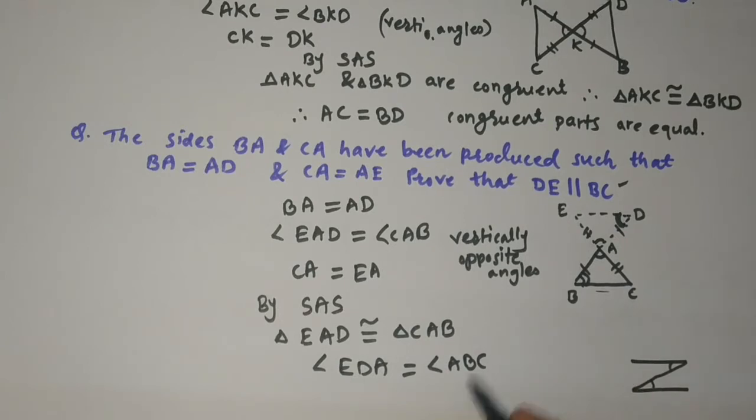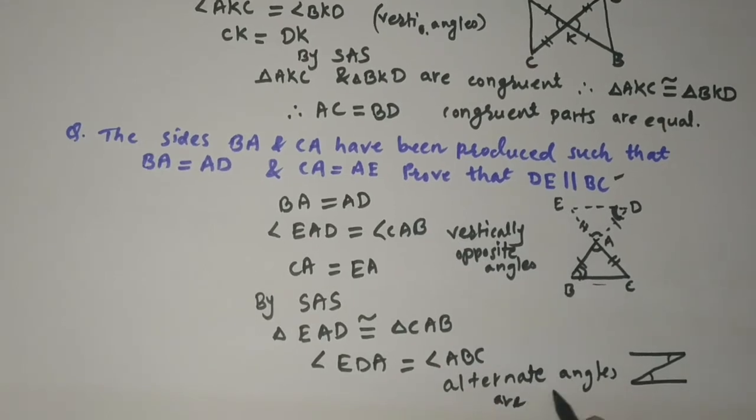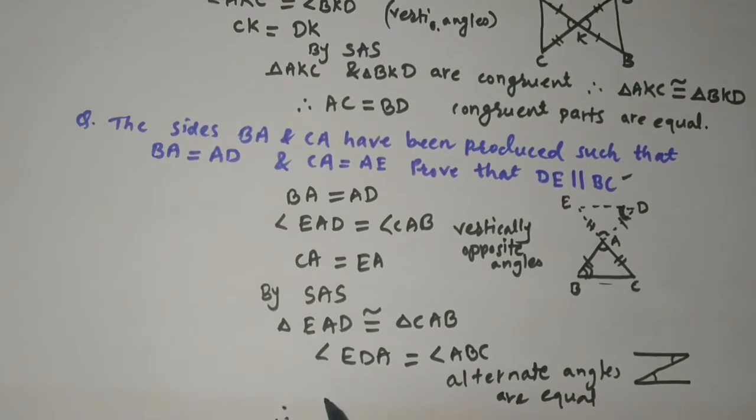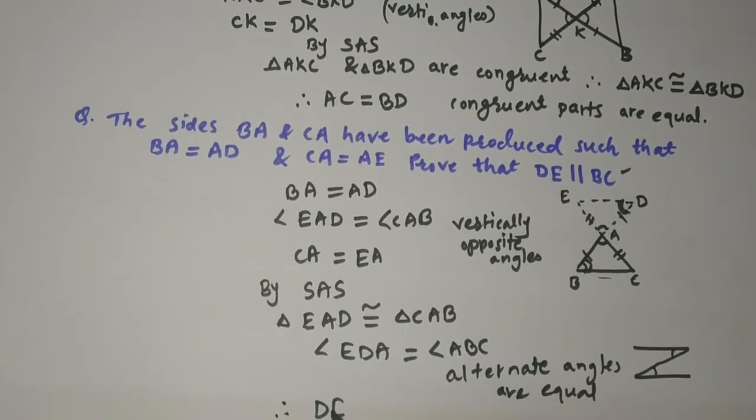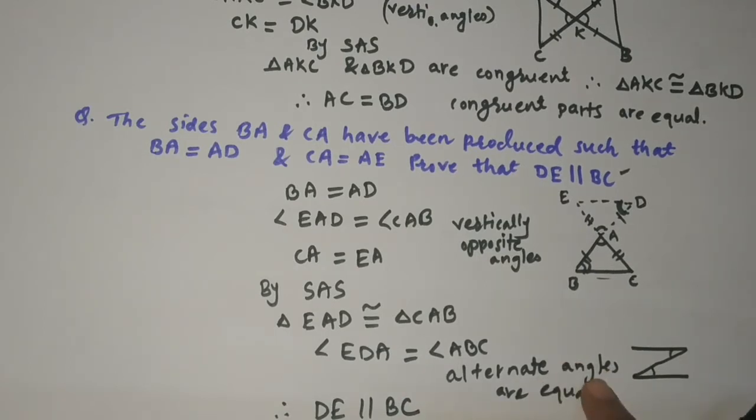So the alternate angles are equal. And once alternate angles are equal, you can say that therefore DE is parallel to BC. I have shown the alternate angles are equal, that's why the lines become parallel. This is a test for parallelism.